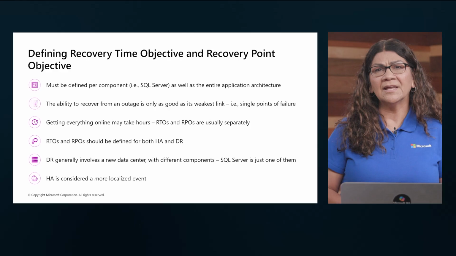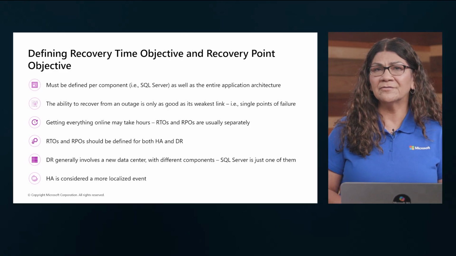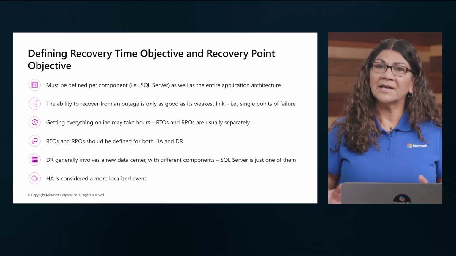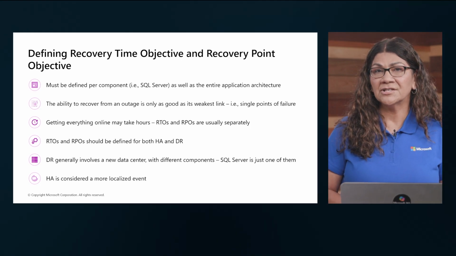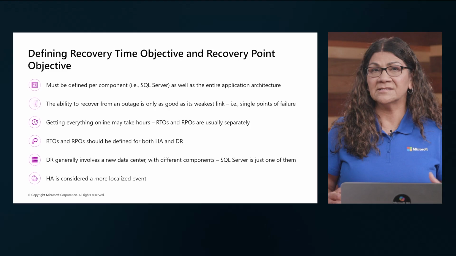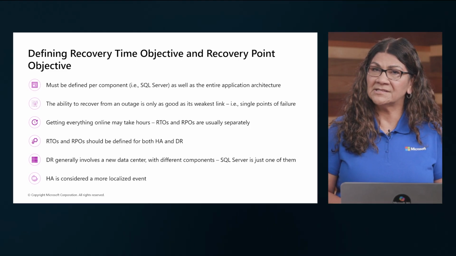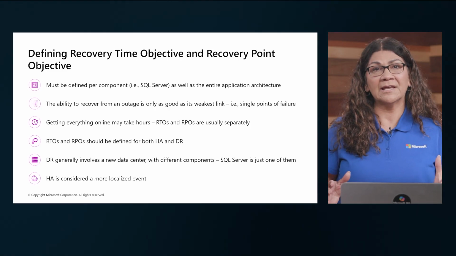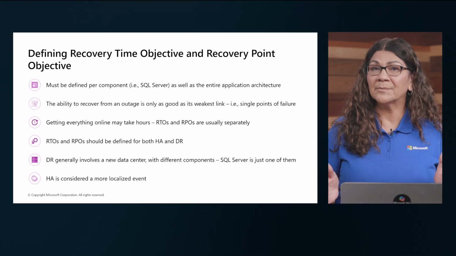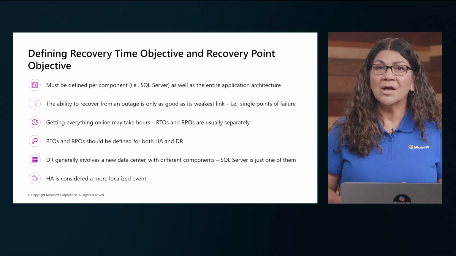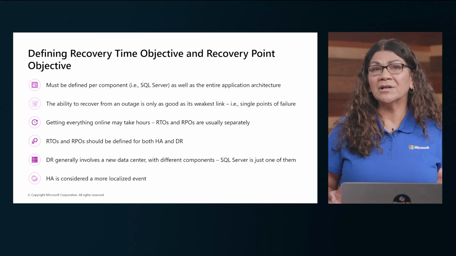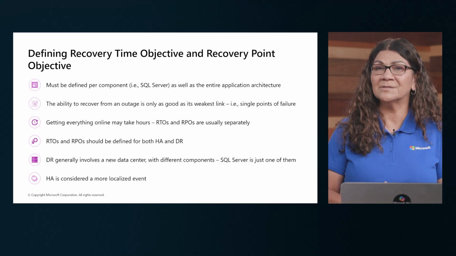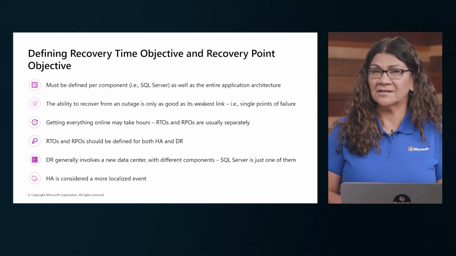For example, if SQL Server can recover in 5 minutes, but application servers take 20, the overall RTO is 20 minutes, even though SQL Server meets its target. Similarly, if transaction log backups occur every 30 minutes, but the RPO is 15 minutes, the recovery point may fall short unless backup frequency is adjusted.